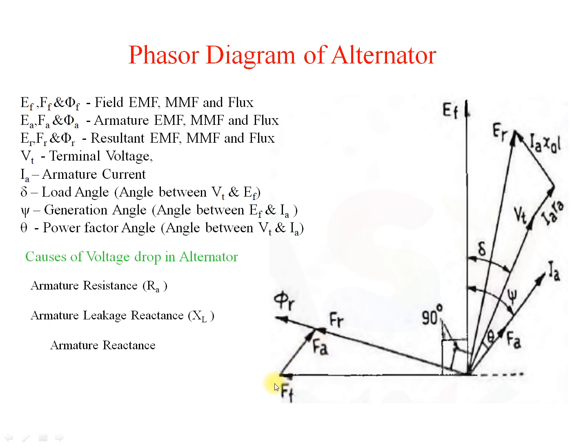By adding these two MMF waves, we have the resultant wave FR, and the resultant flux phi R. Since we have this FR, we can draw ER, the resultant EMF due to this MMF, 90 degrees leading FR. So that ER will be drawn like this. And also we can draw EA for this FA.